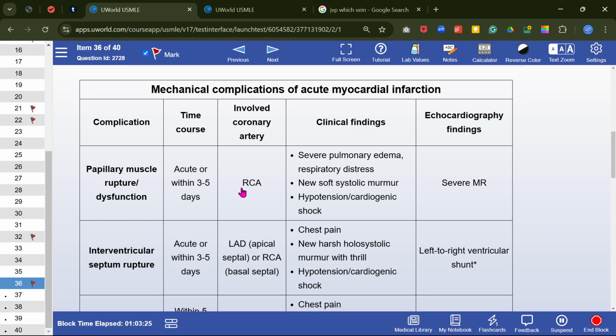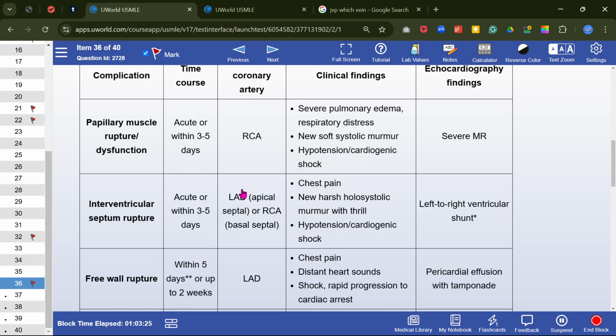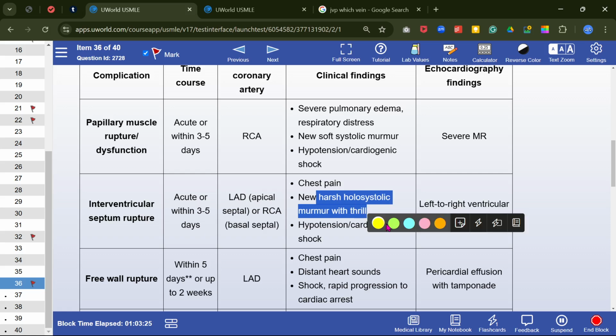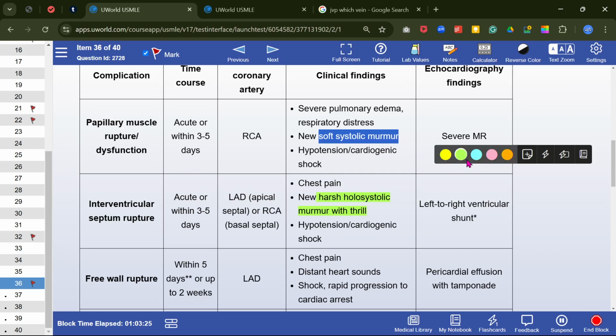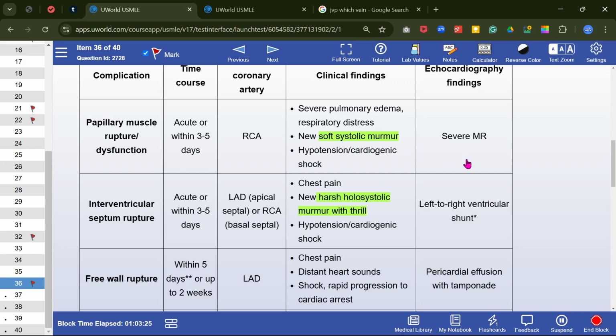And interventricular septal rupture comes with a new harsh systolic murmur. But papillary muscle rupture, as it is a muscle, comes with a new soft systolic murmur, while interventricular septal rupture comes with a harsh systolic murmur.